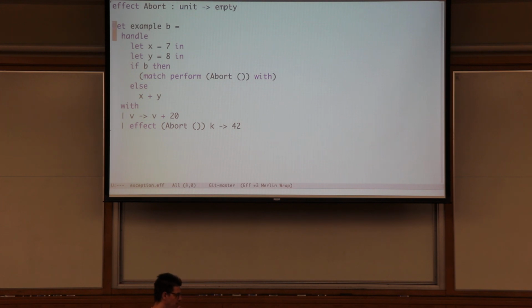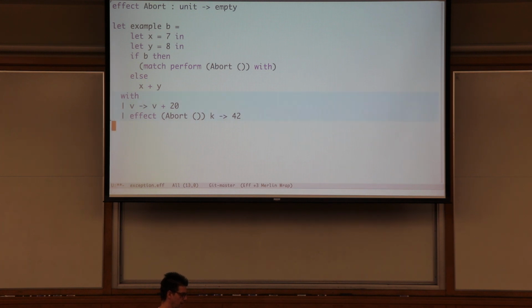Here's an example. It's a function which takes a Boolean, and then it just does some random stuff here. And then when it comes to this if, depending on the Boolean it got, it will either abort, so it will raise an exception, or it's not going to abort. Now let's look at several possibilities. First of all, let me just get rid of the handler.